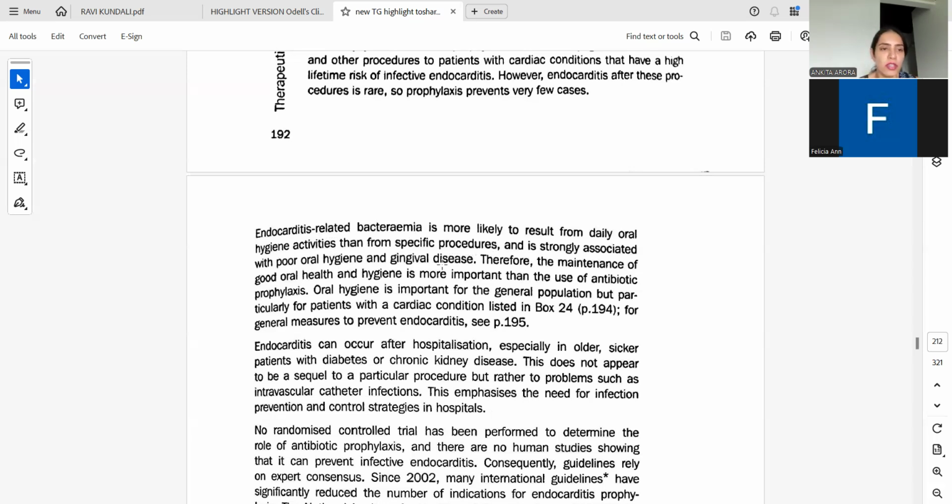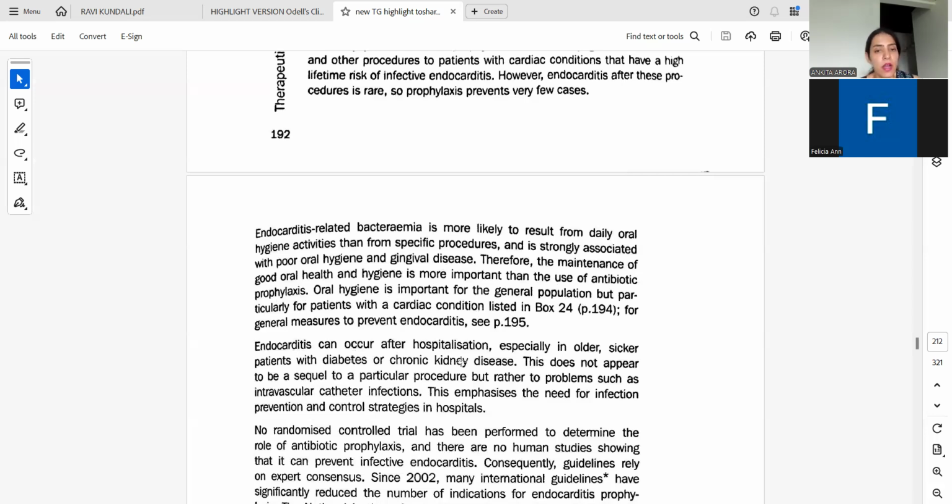A patient brushing daily, if he has poor oral hygiene, will create that much bacteremia, which would be much more than drilling or scaling. Okay? Therefore, maintenance of good oral health and hygiene is more important than use of antibiotic prophylaxis. Oral hygiene is more important for the general population, but particularly for patients with cardiac conditions.